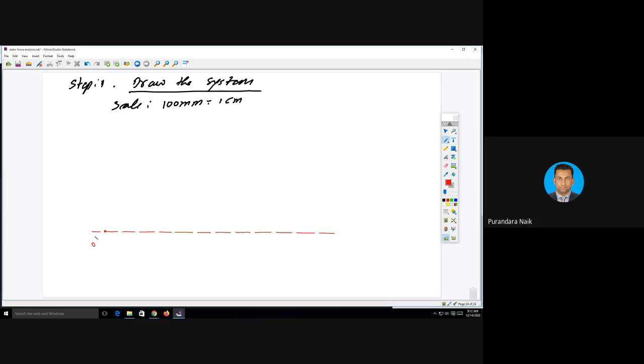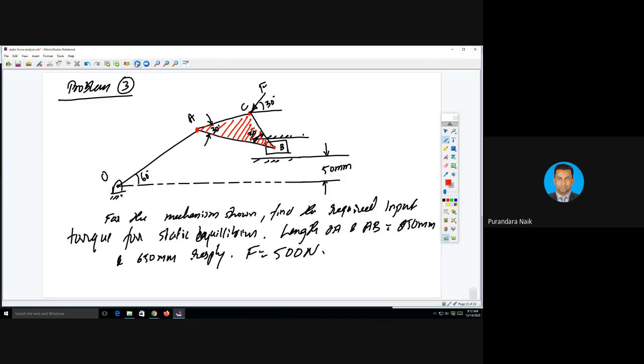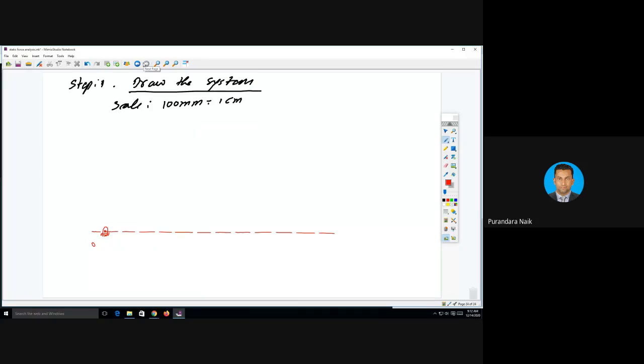That is O, and this point is fixed. Correct? And the length of OA is 250 millimeter, means 2.5 centimeter, at an angle of 60 degree.